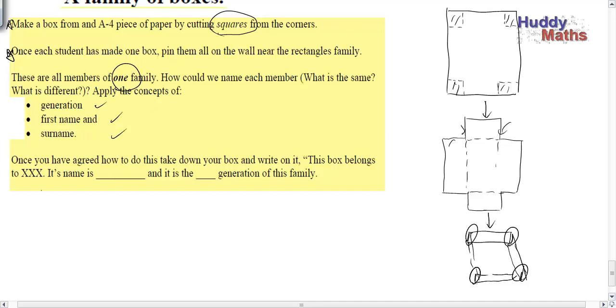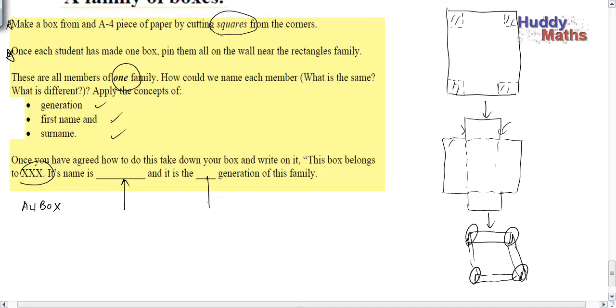Coming back now, I hope you're able to answer all these. This box belongs to XXX. So what is the box? Well, you could call it the A4 box family, because you used an A4 sheet. That was what was the same. And what is different is its first name, and that's the size of the squares, or maybe the area of the squares.